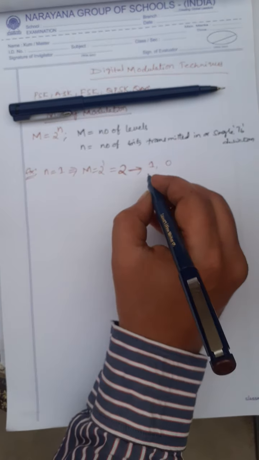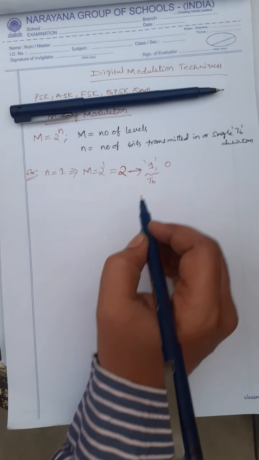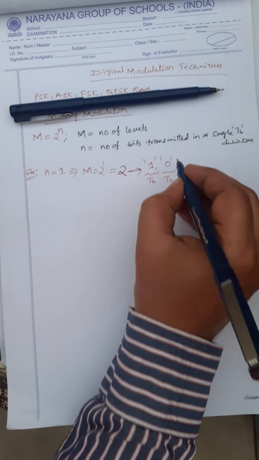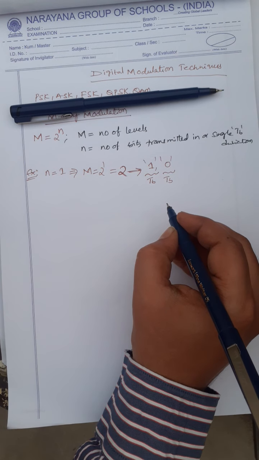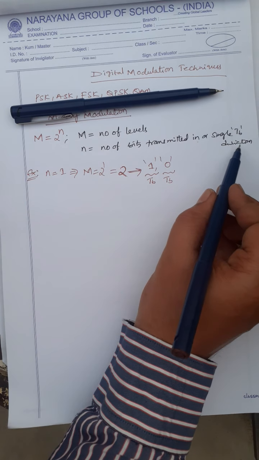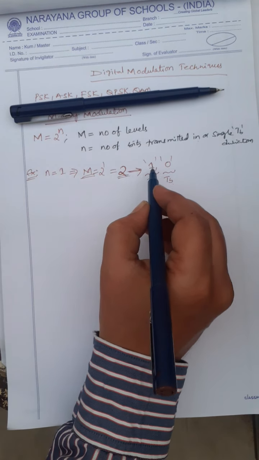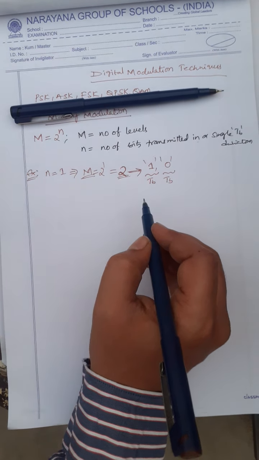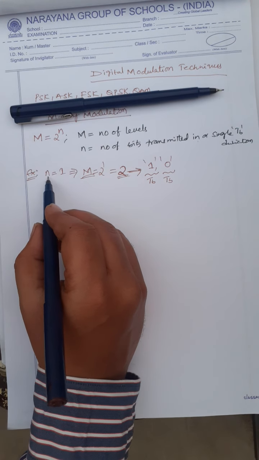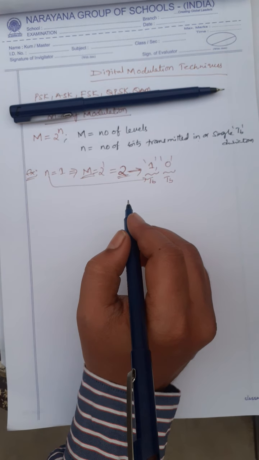Within Tb duration I can transmit either symbol 1 or symbol 0. So n is the number of bits transmitted in a single Tb duration, and where capital M is two levels, we can transmit only one bit within Tb duration.